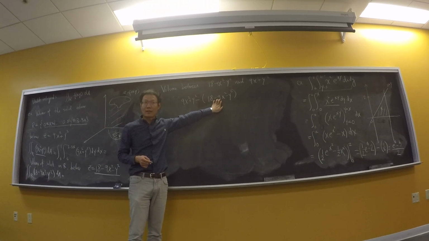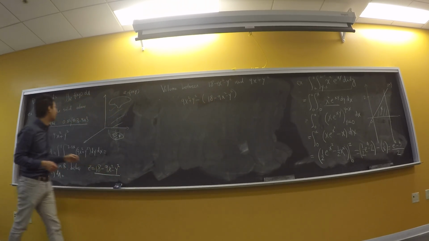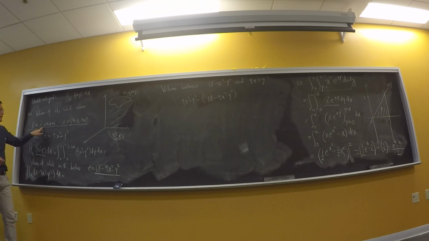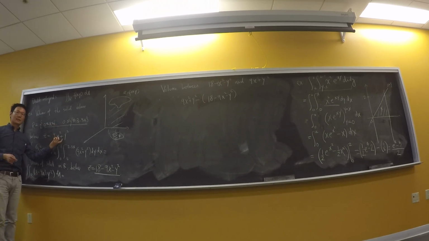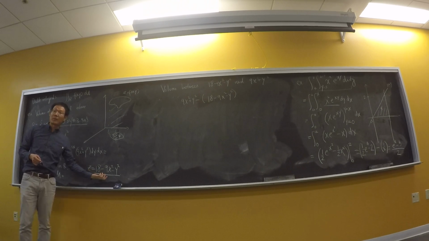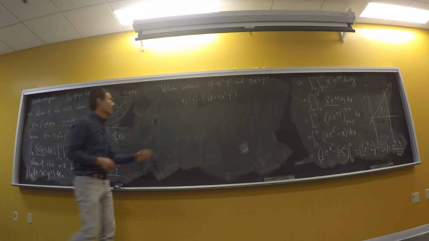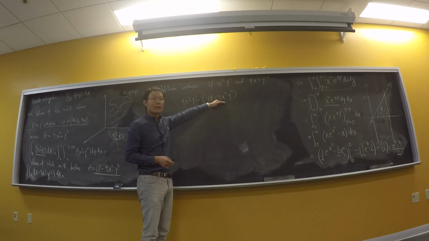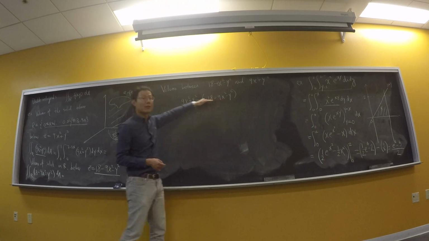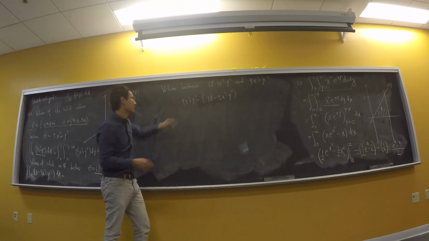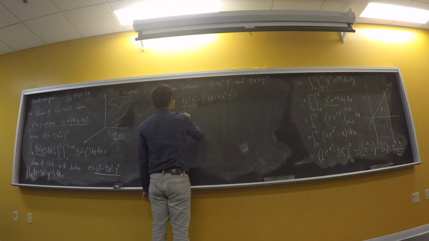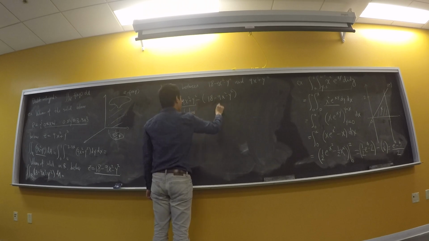Are you with me? I can test against a couple of points right here. For instance, if I pick (0, 0), this function is 0, and the other function is positive. Indeed, this function is in fact below, and this function is above.